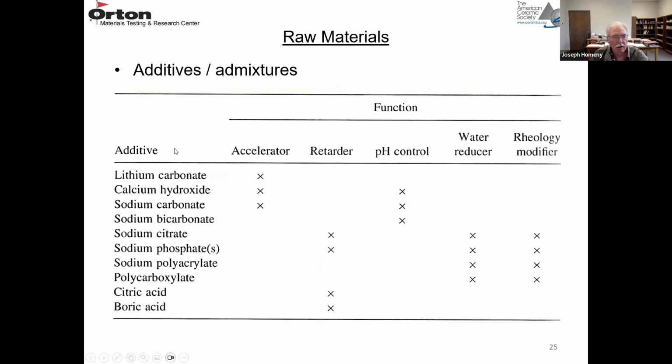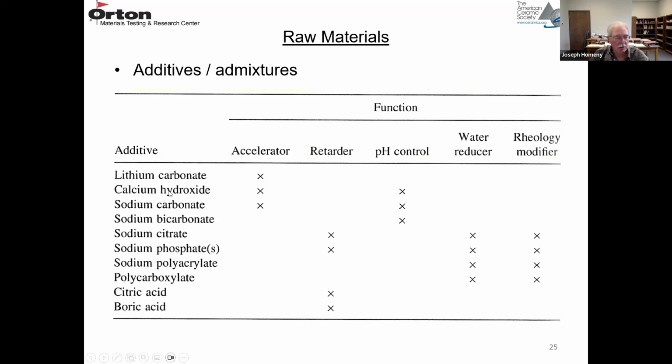And then the other additives or admixtures, these can accelerate a chemical reaction. They can retard a chemical reaction. They can control the pH. They can reduce the water content of a monolithic. The lower the water content, the lower the porosity, the denser it'll be. And they may also affect the rheology, how the material flows.